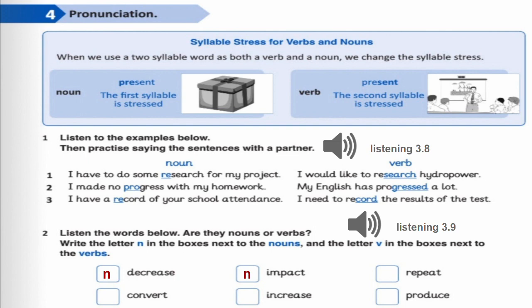A verb. Convert, convert. A verb also. Increase, increase. First syllable, so it's a noun. Produce, produce. Second syllable stress, so it's a verb.